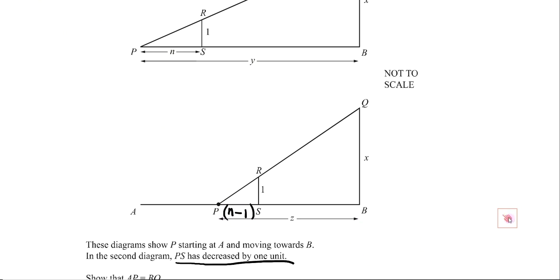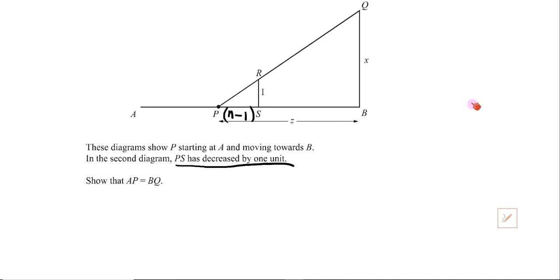I think most of you are alright with this. So I started out with the same basic statements that they had earlier: AP equals Y minus Z, BQ equals X. I first wrote N multiplied by X equals Y. Then that means Y equals N times X, right?